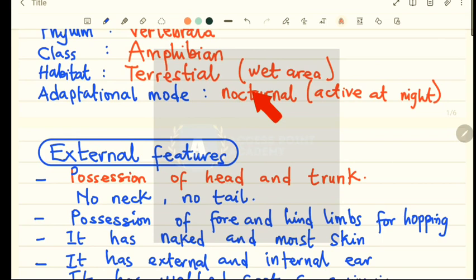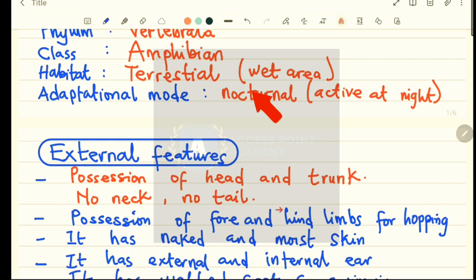It has the head part, like you can see in the diagram, with no neck nor tail. It doesn't have a tail. If there were a tail in it, it would not be able to hop, as in move from one place to another, because it moves by hopping.